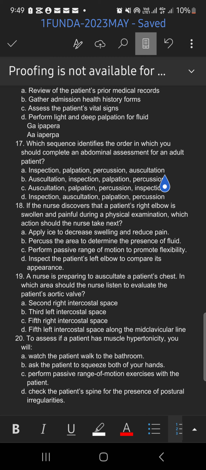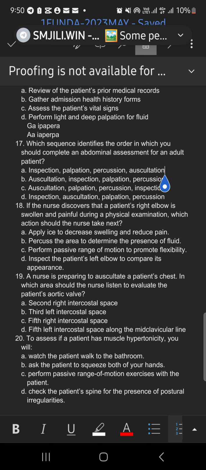Mostly this kind of manifestation is experienced by, for instance, a patient with stroke. In order to know if there is hypertonicity of the muscle, you perform a range of motion, and if there is resistance, then that means there is hypertonicity. So letter C is the best answer for that.